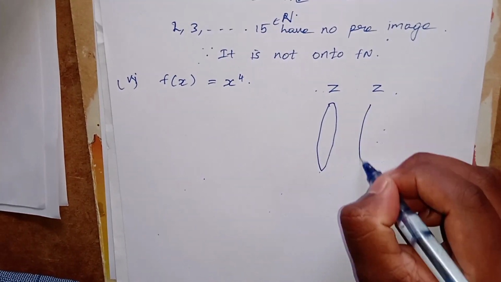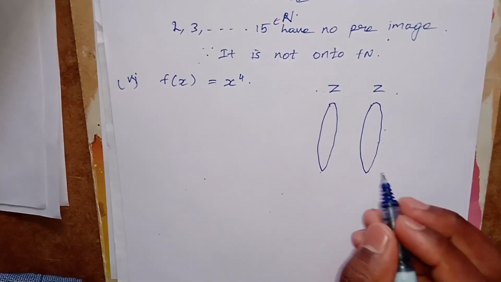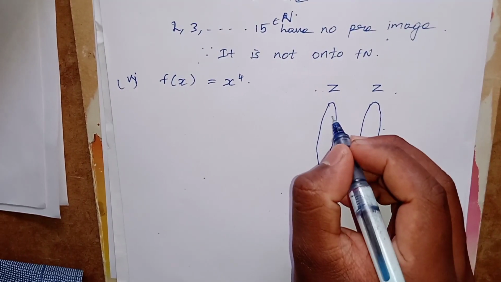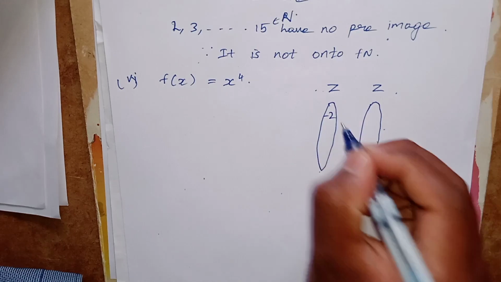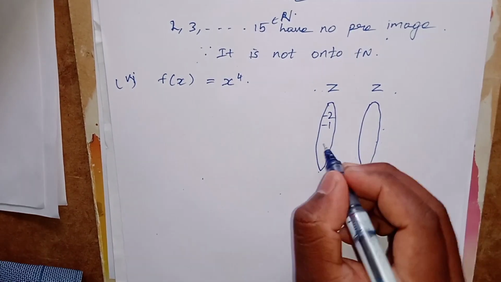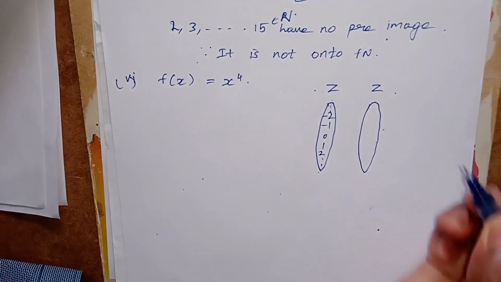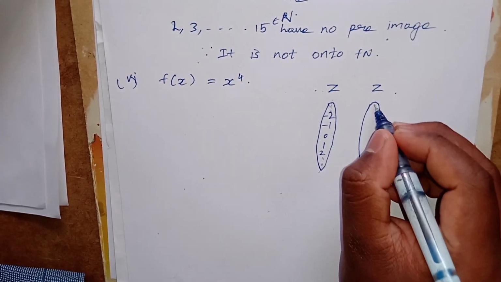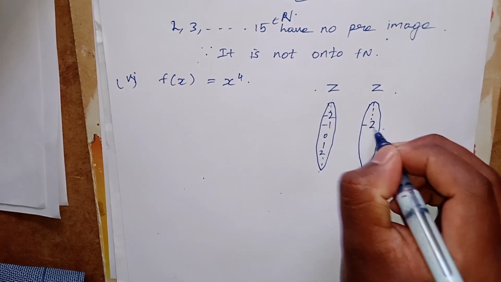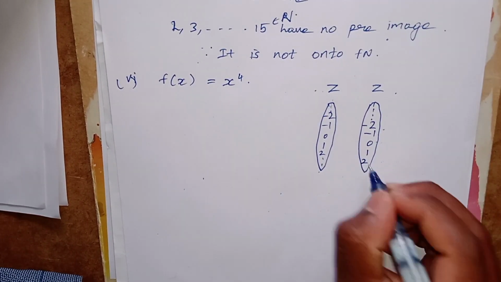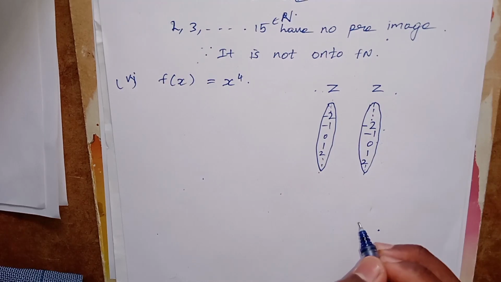Here also, similar to real numbers, from minus infinity to plus infinity. I am taking only a few examples: minus 2, minus 1, 0, 1, 2 up to plus infinity.